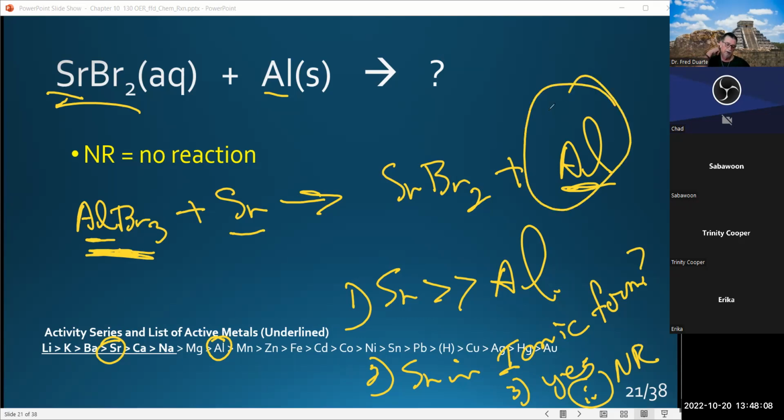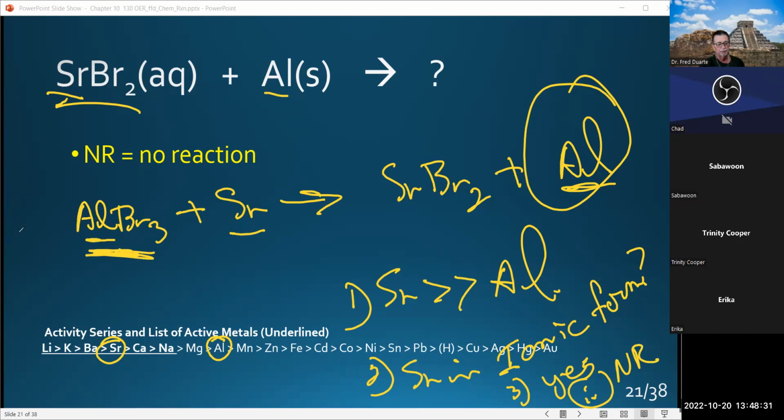Okay. All right. And the reaction is spontaneous. It's nothing that you have to add to the reaction. It's a spontaneous reaction and it occurs all by itself. Okay, so the opposite reaction will occur. Okay. Again, simply because strontium is not in its most stable state.